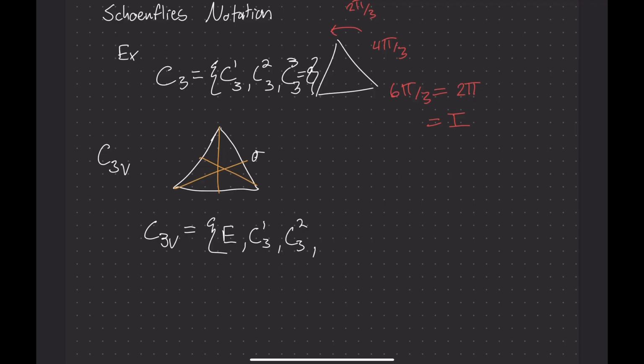These mirrors are represented by the symbol sigma with a V, representing that they are vertical mirrors that are perpendicular to the plane of viewing. So write that as sigma V, sigma prime V, sigma double prime V.